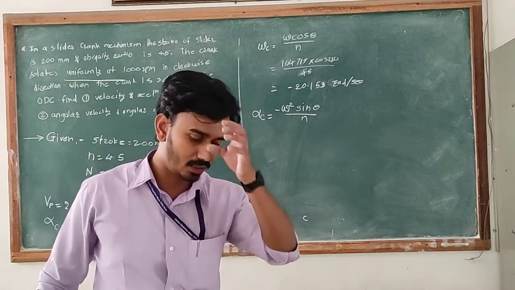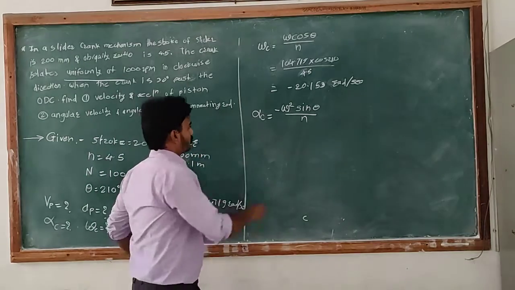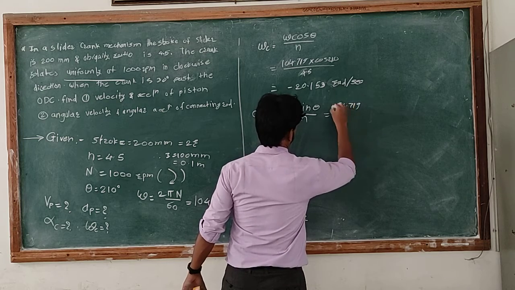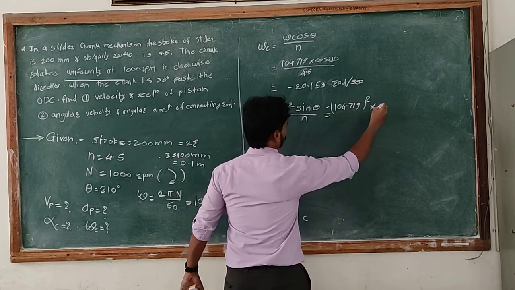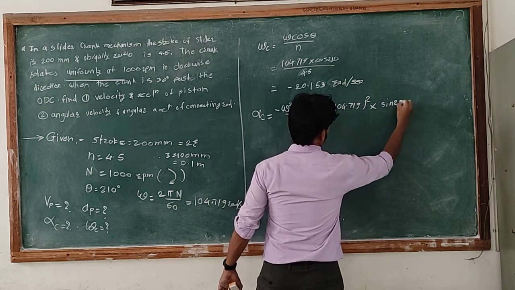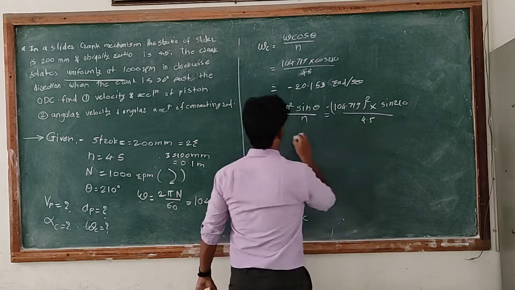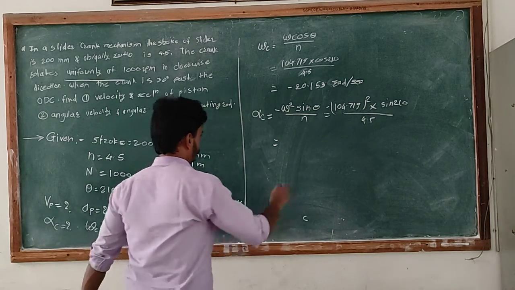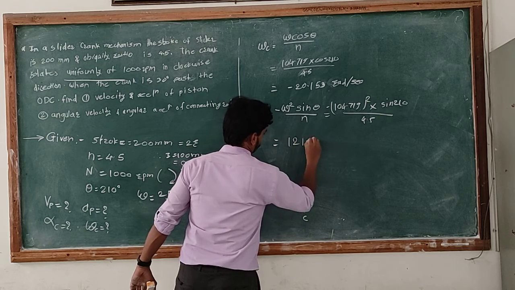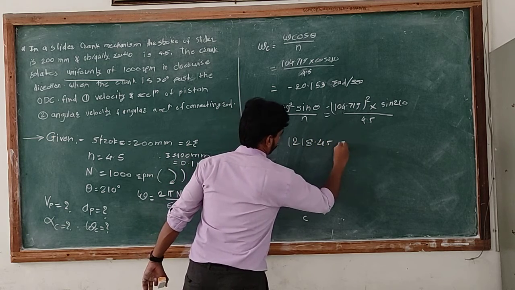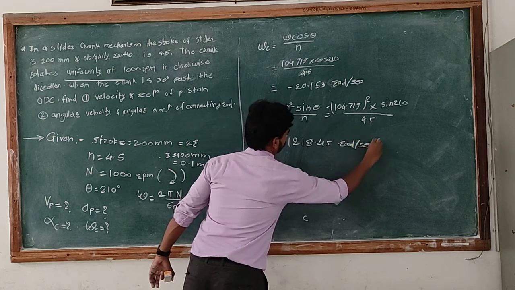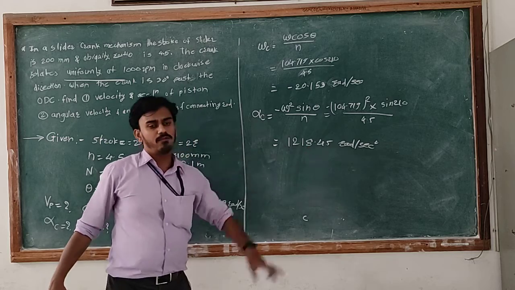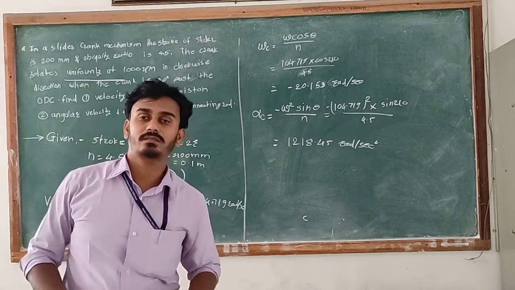So minus 104.719 square into sin of 210 divided by 4.5, and this value comes to 1218.45 radian per second square.